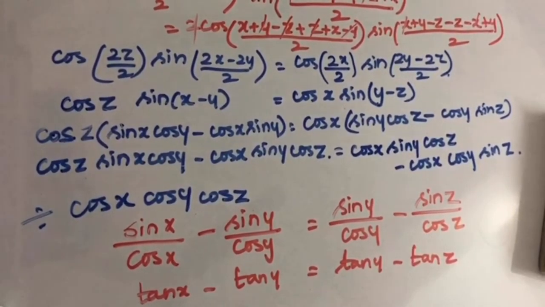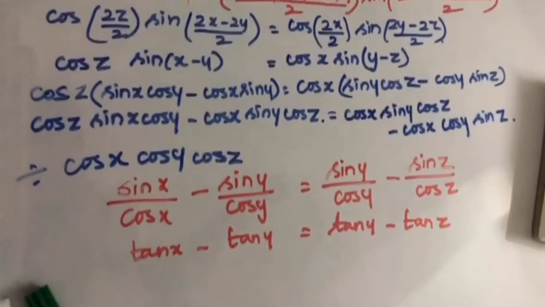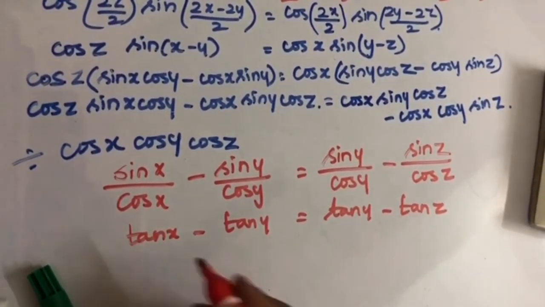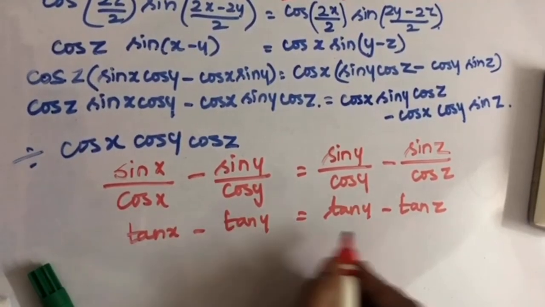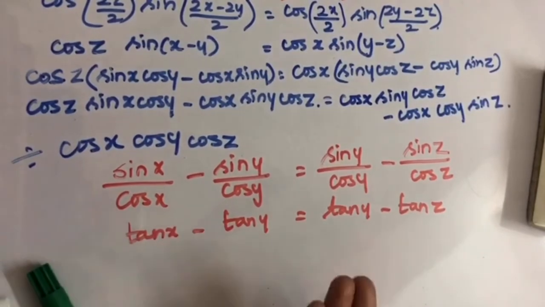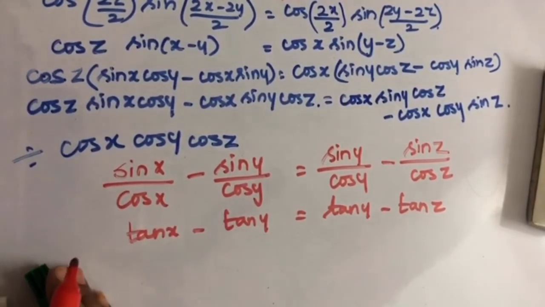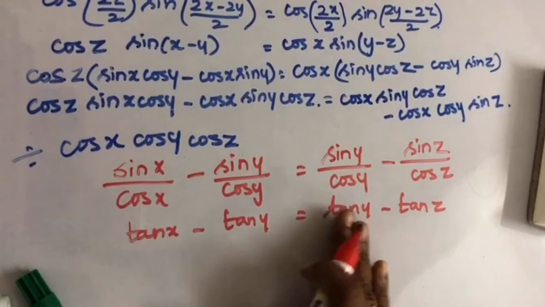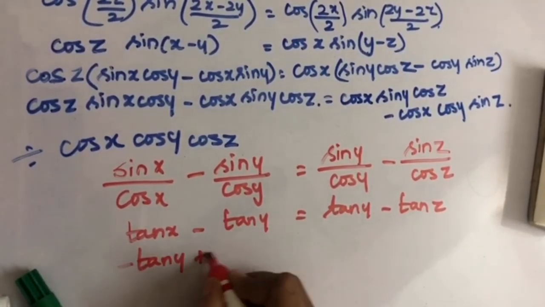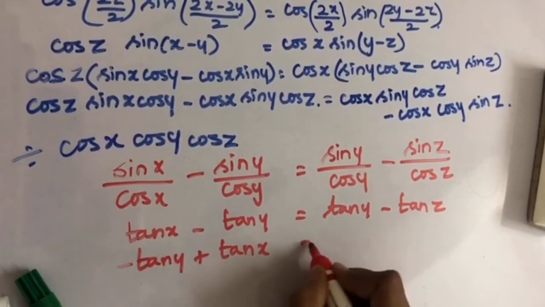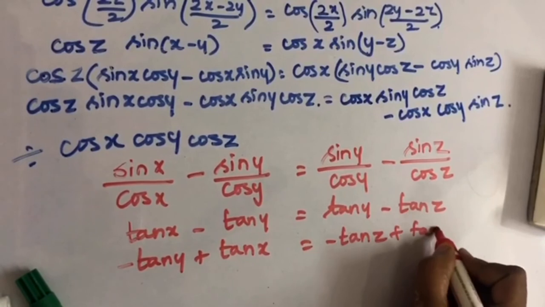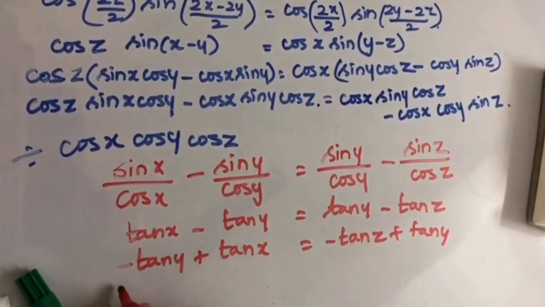To prove that they are in AP, arithmetic progression, I should have b minus a equal to c minus b. So I am interchanging. Okay, I am taking a minus. So on both the terms it will get cancelled. So minus tan y plus tan x is equal to minus tan z plus tan y. I can multiply it with a minus.